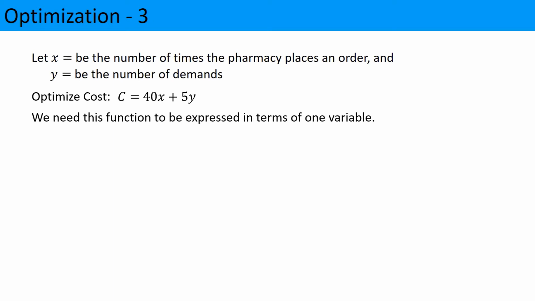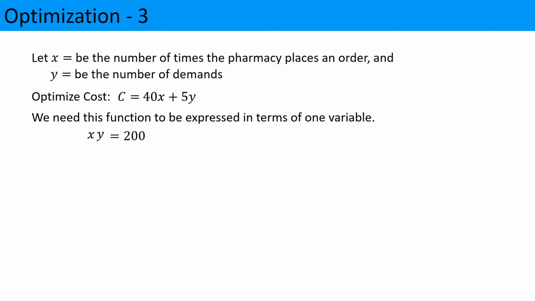To do so, let's use a constraint given in the problem. The constraint we have is that the annual demand is 200 bottles, and the annual demand is met as the product of the number of orders and the number of demands. So we have X number of orders and Y number of demands, and that equals 200.